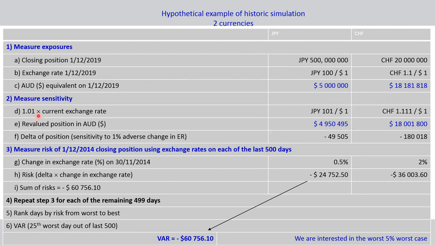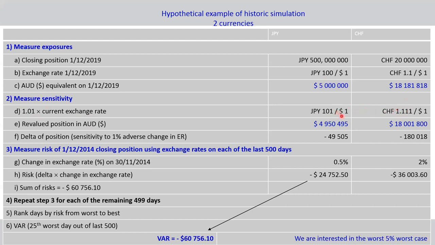So the delta assumes that there is a 1% change in the current rate. If this 1% change happens, the Japanese yen rate will increase from 100 to 101. Same thing here, we increase from 1.1 to 1.111. This is an increase of 1%.